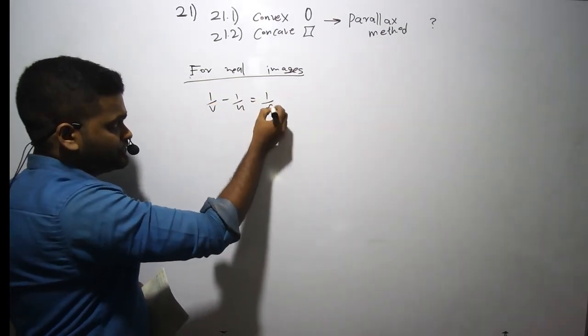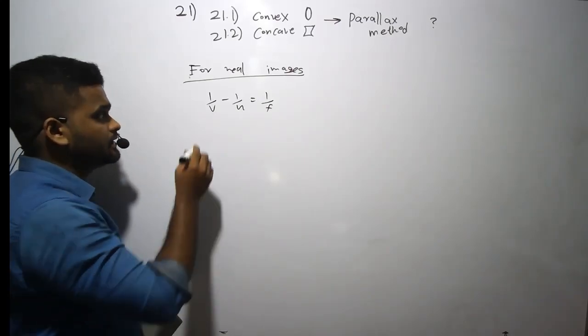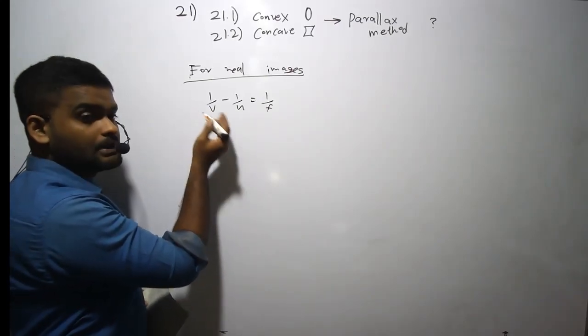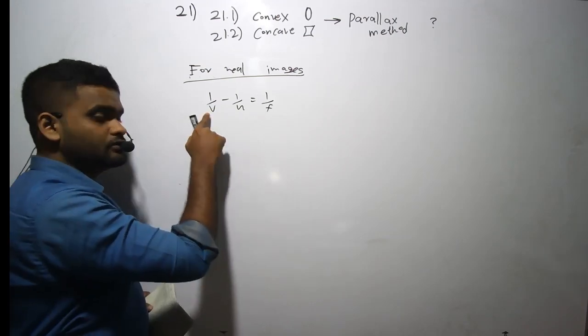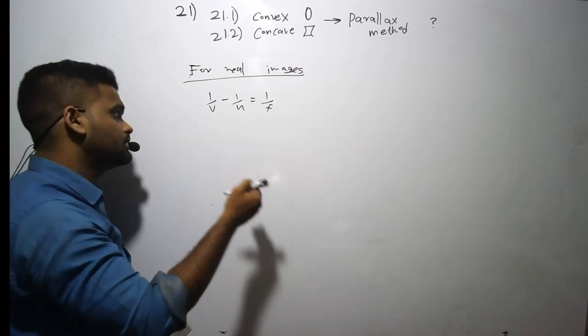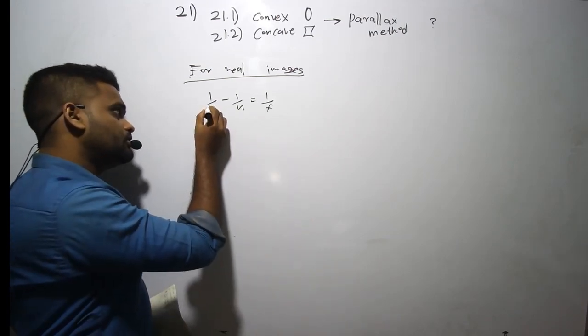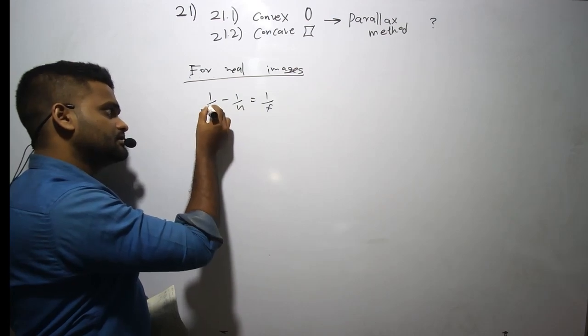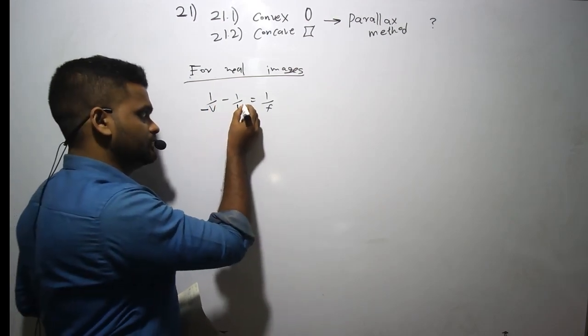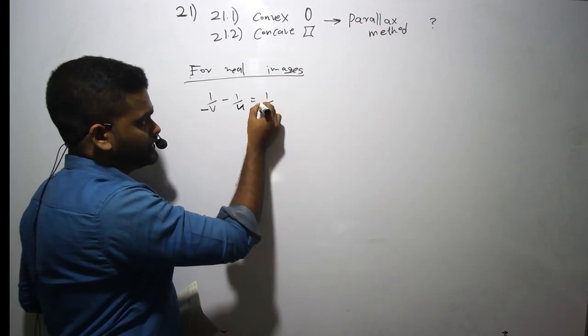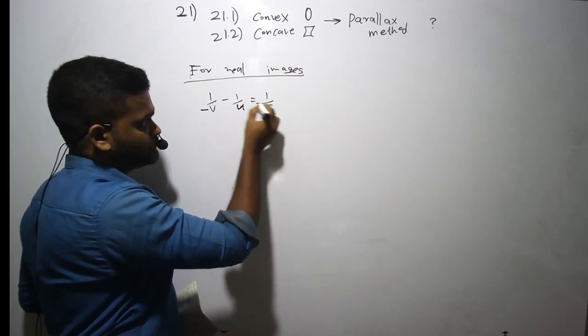Since I'm using real images only, this V value, you can now apply sign convention, because this V is not going to be positive or negative. Because I'm only using real images, this is going to be negative only. Then real object, so plus U. Then this is a convex lens, so it is minus.